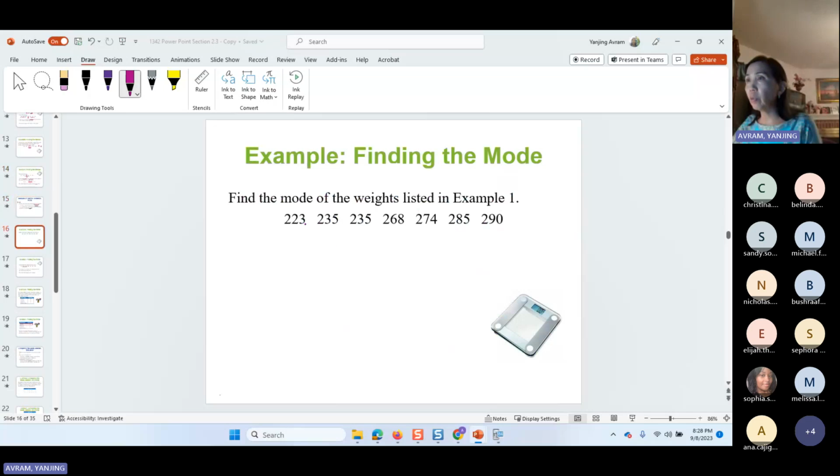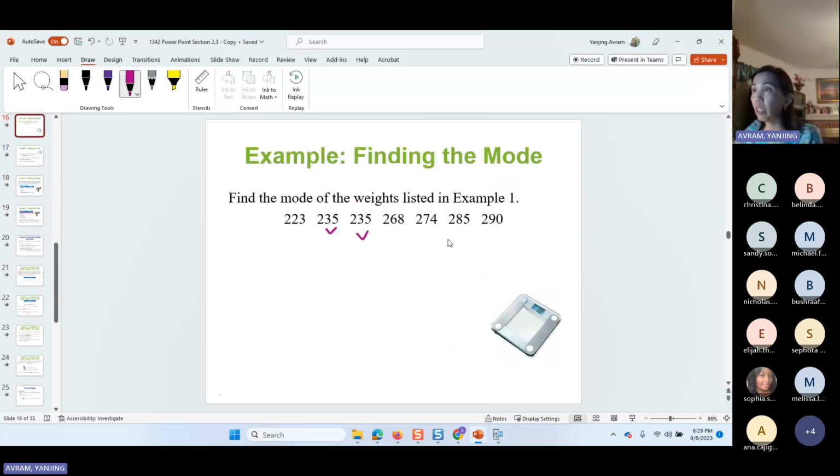Look at this one right here. We have 235 twice, and the rest all only appear once, right? So the mode for this data set will be 235, because 235 is the only one that appears twice. That's the most frequent one, and the rest only appear once.